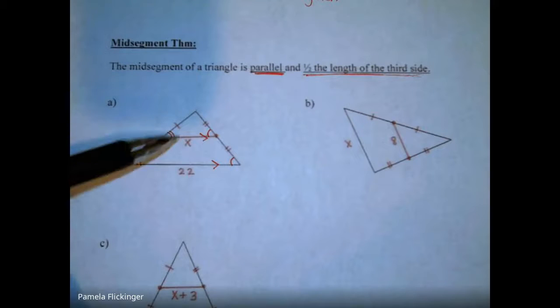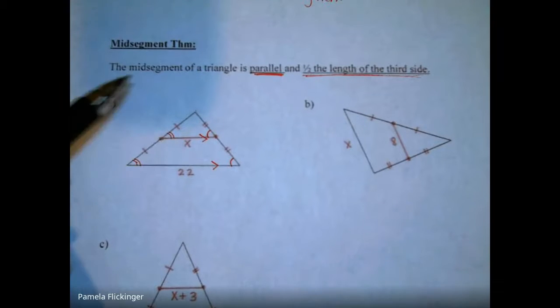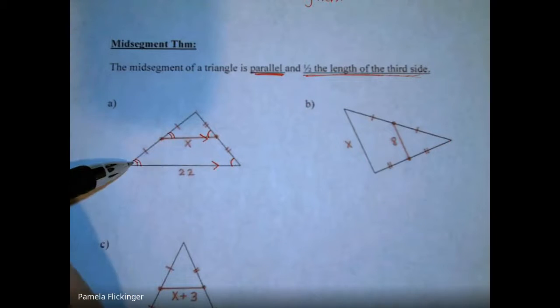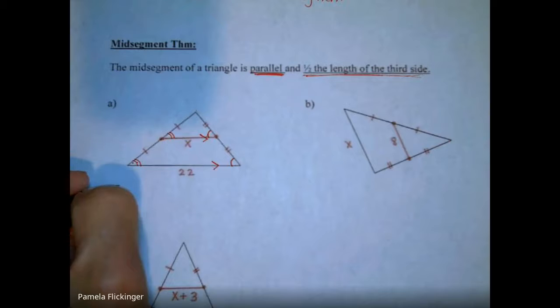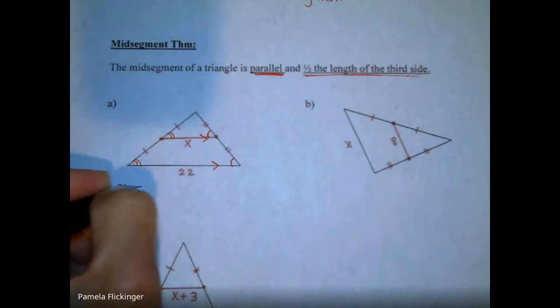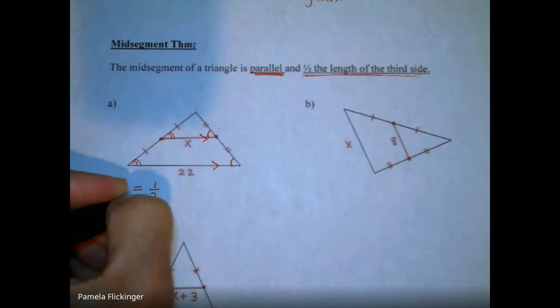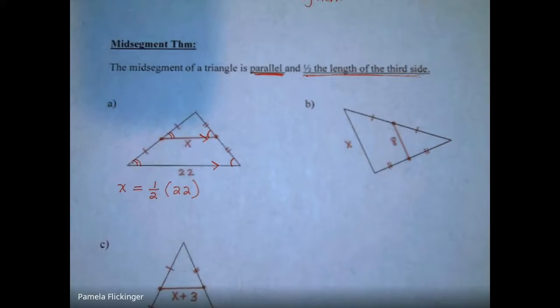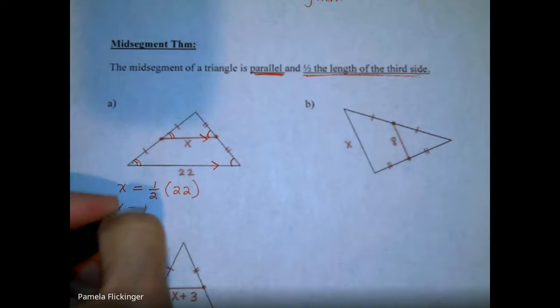The rule we're going to use is that this midsegment is half the length of the third side. So if we say that out loud, the midsegment in this problem is x, and that equals half of the third side, which is 22. That's how we can set up the equation. And so x would be 11.